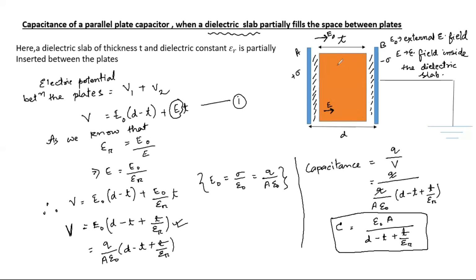And when I say partially, that means the entire space between the plates is not completely filled with this dielectric slab.